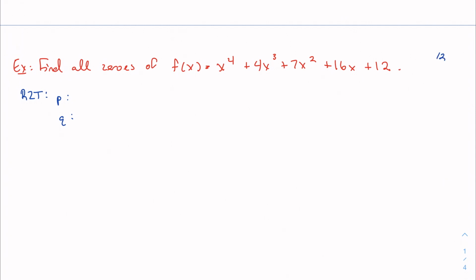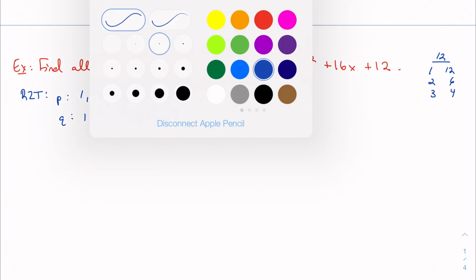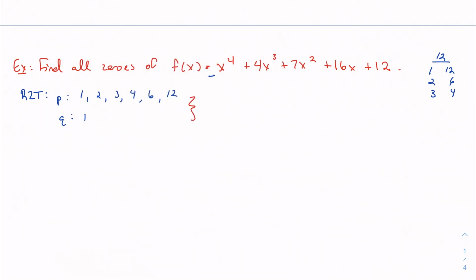So 1 and 12, 2 and 6, 3 and 4. I've already got 4, I know I'm good. So 1, 2, 3, 4, 6, and 12. And then q, my leading coefficient, just 1. And of course, that means that my possible rational zeros are plus or minus all of these: 1, 2, 3, 4, 6, 12.